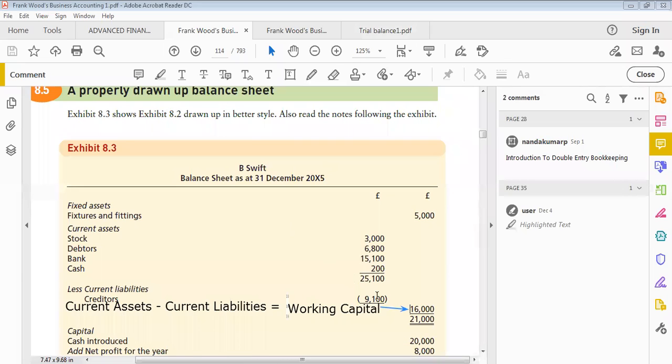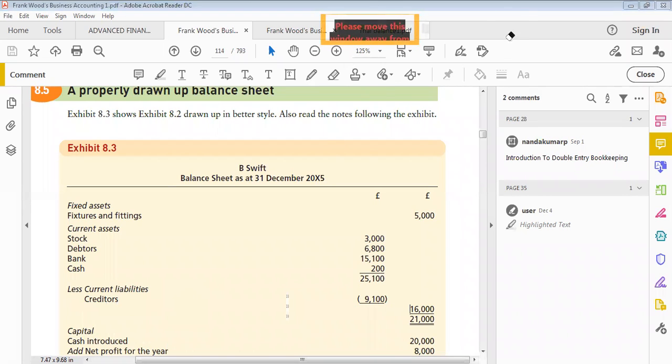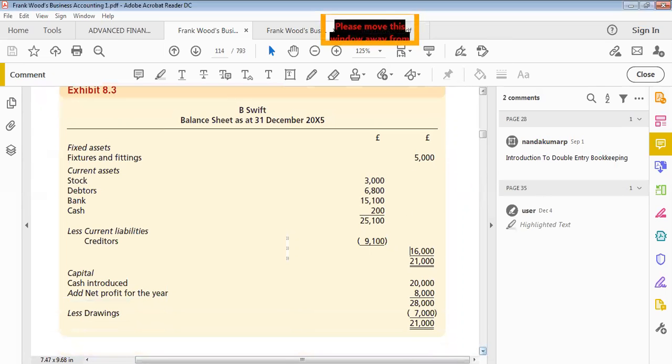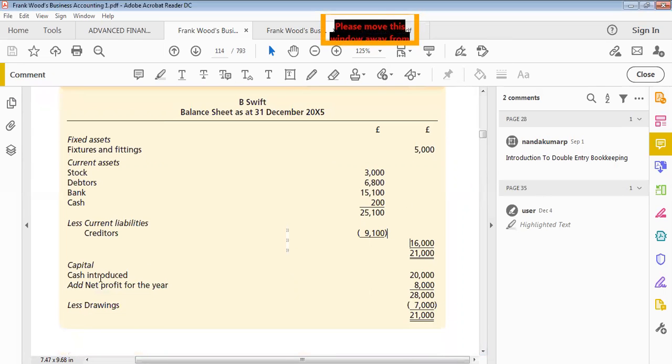All right, so that's it for that. We have this written down. Let's continue now. And then now you have capital. You have cash introduced of 20,000.